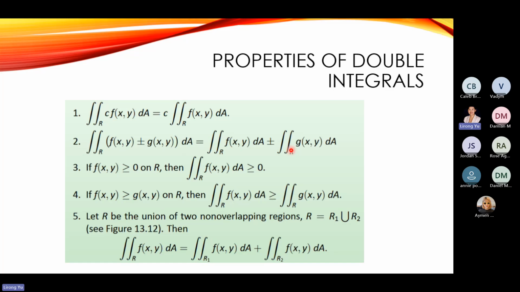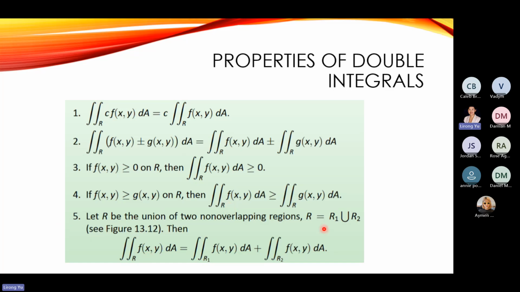Many of these properties are in the hope that the calculation will be more simplified or streamlined. Number three, if you have a positive function, then the integration of a positive function will be positive. That's also true in type 1. Number 4 says if one function is bigger than the other function, then the integration over the same integration region of the first function will be bigger than the integration of the smaller function.